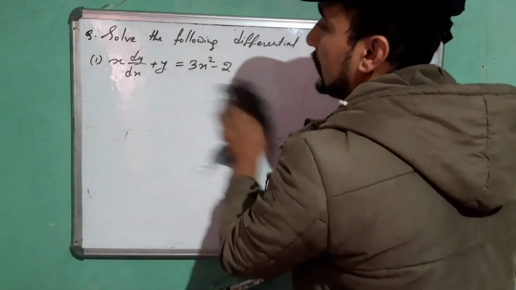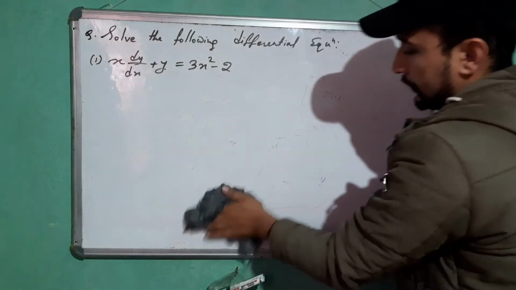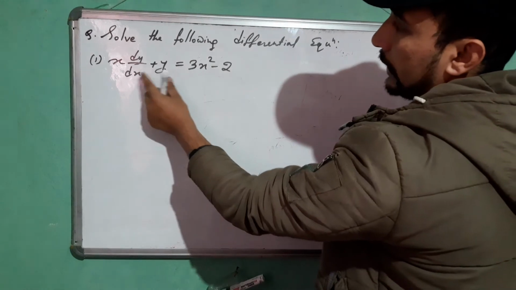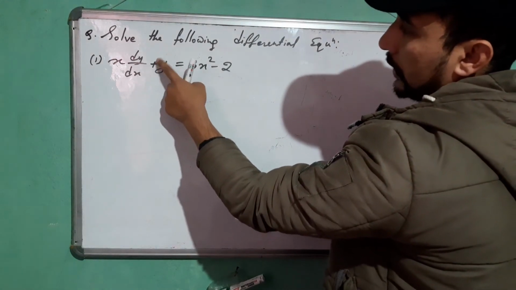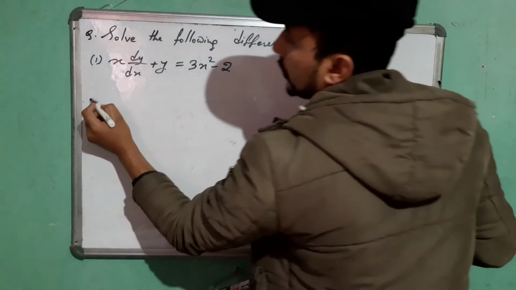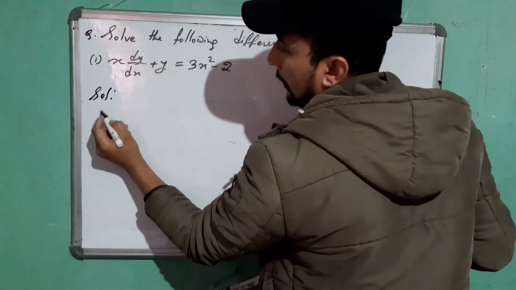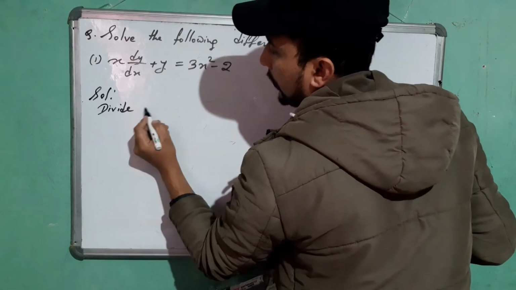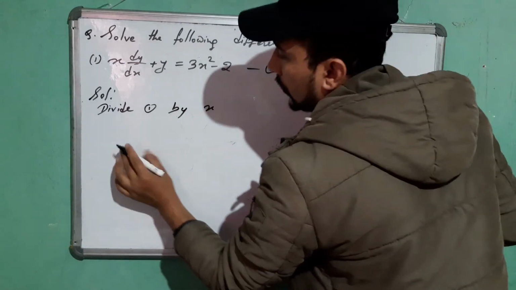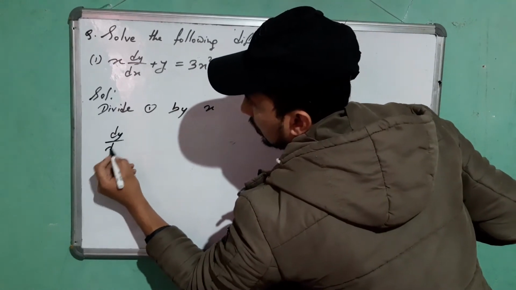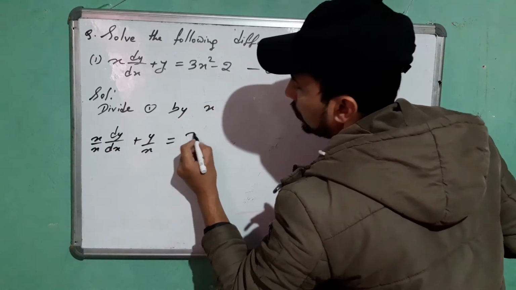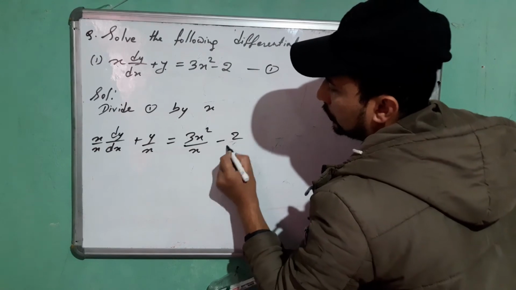Now let's check whether it is a linear differential equation or not. If you divide this equation by x, you will get 1 by x y equals to, so it is a linear differential equation. So see the solution, divide by x. So how much will you get? dy dx, x by x, plus y by x is equal to 3x squared by x minus 2 by x.